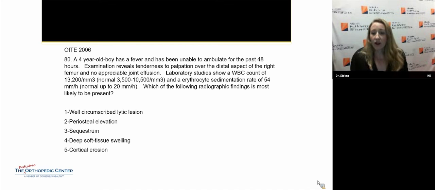Which of the following radiographic findings is most likely to be present? A well-circumscribed lytic lesion, a periosteal elevation, sequestrum, deep soft tissue swelling, or cortical erosion. Deep soft tissue swelling. So in the first 48 hours, there's not really any bony changes that you can see on the X-ray, just that swelling.